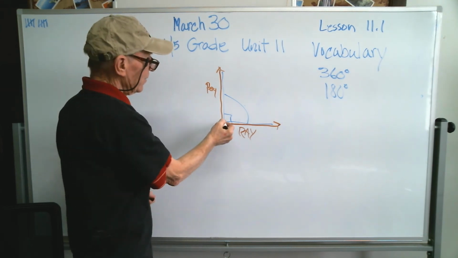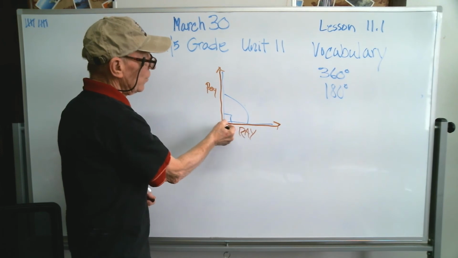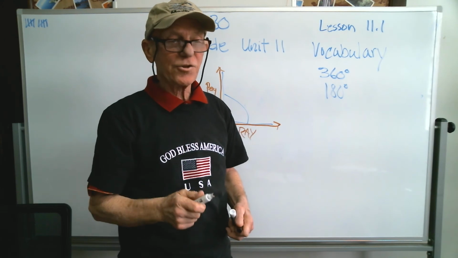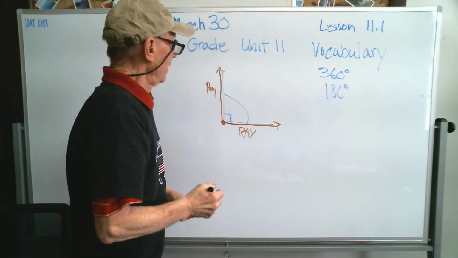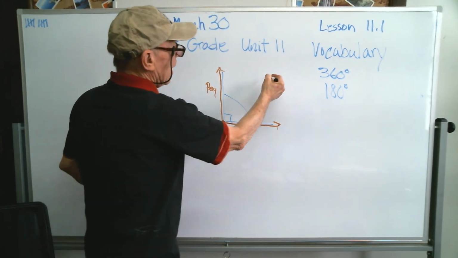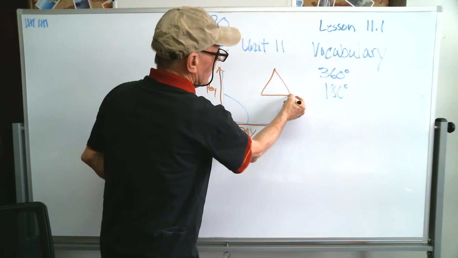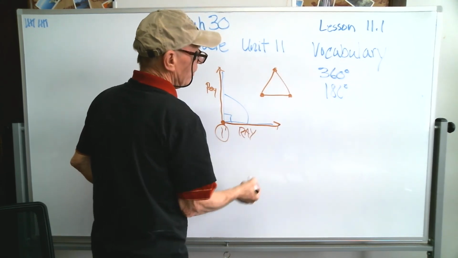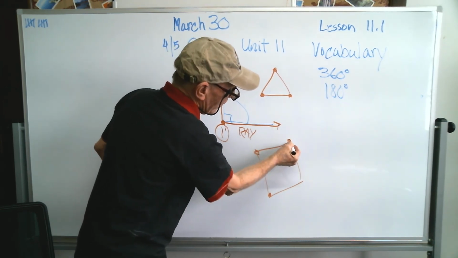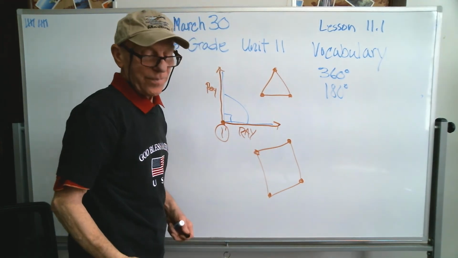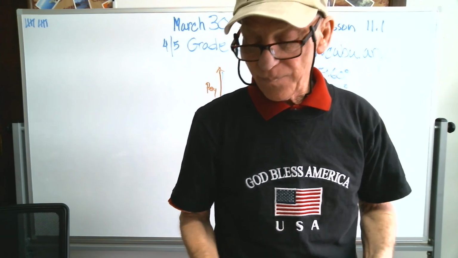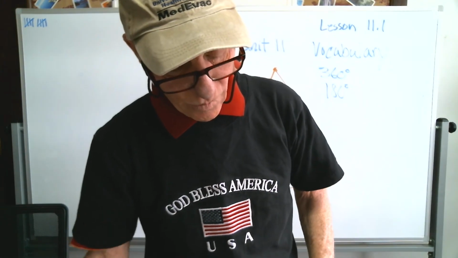Vertex is this point right here where those two rays come together, where they touch. And in this case, there's one. But on a triangle, you've got three. On a square, you've got four. So it's where those lines come together. It's where they meet. So that's your vocabulary, those 8 words.